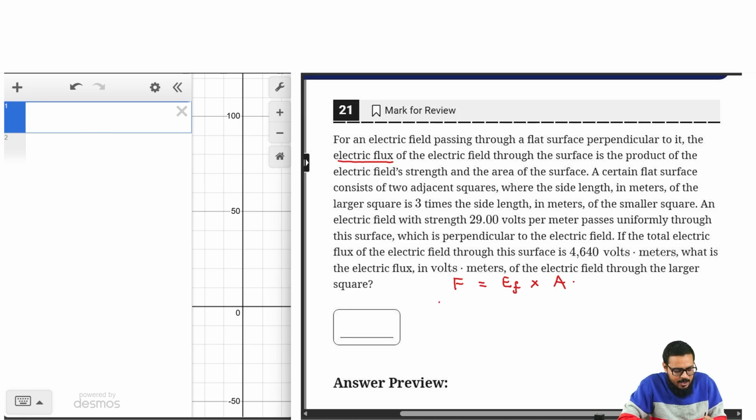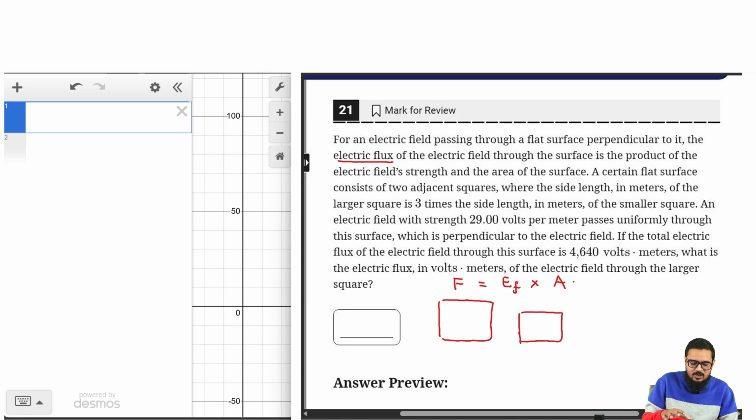Now the question says that we have two squares where the side of one square is 3 times bigger than the side of another square. So let's say I've got one smaller square right over here, and if the ratio of the side lengths of the squares is 3, then the ratio of the areas should be 3 squared, 9 times, because squares are always similar.